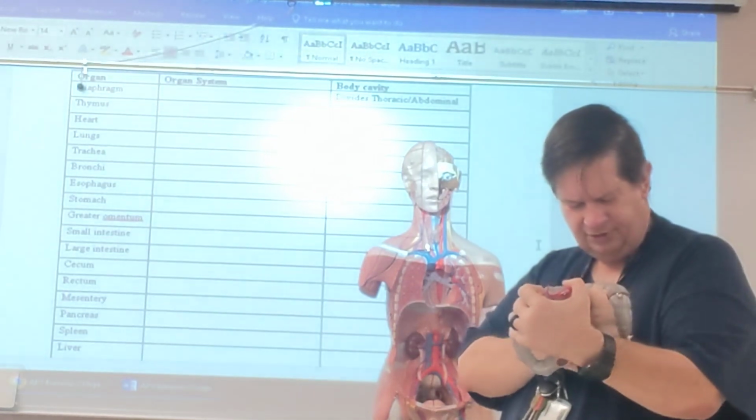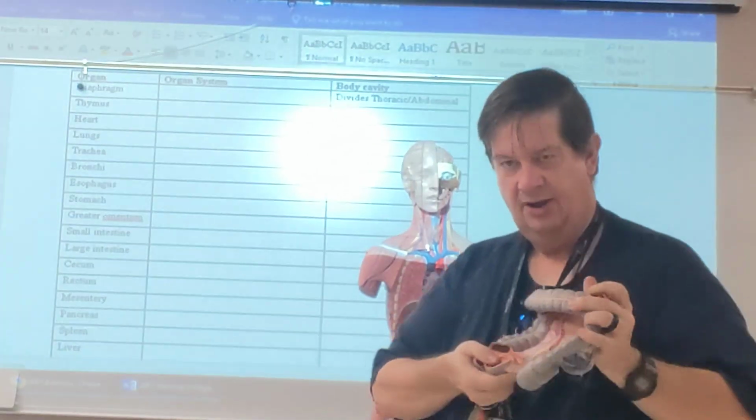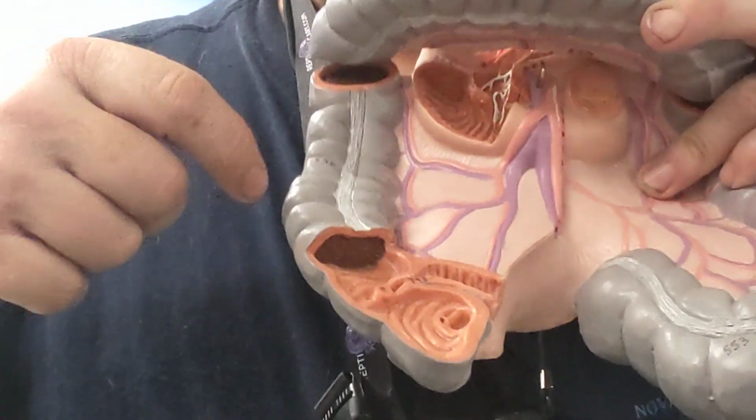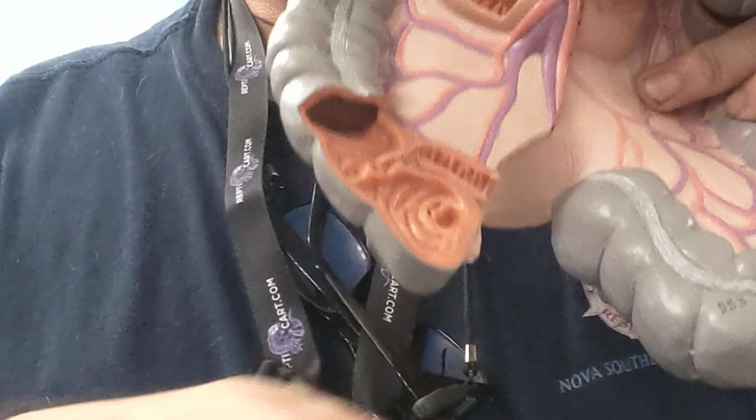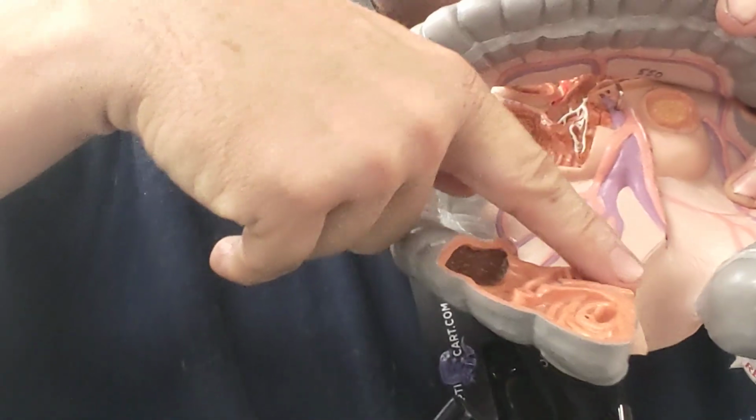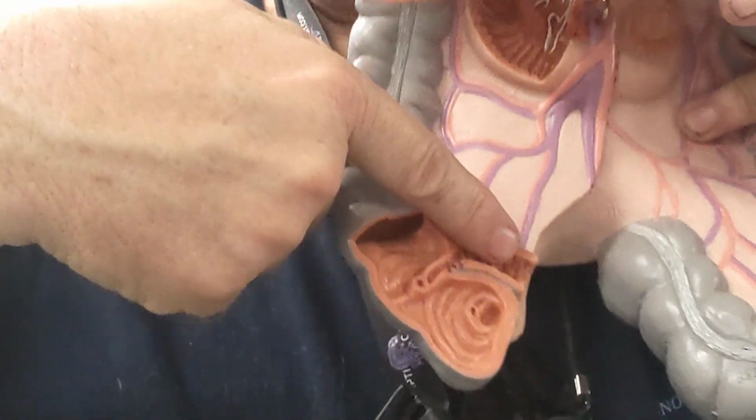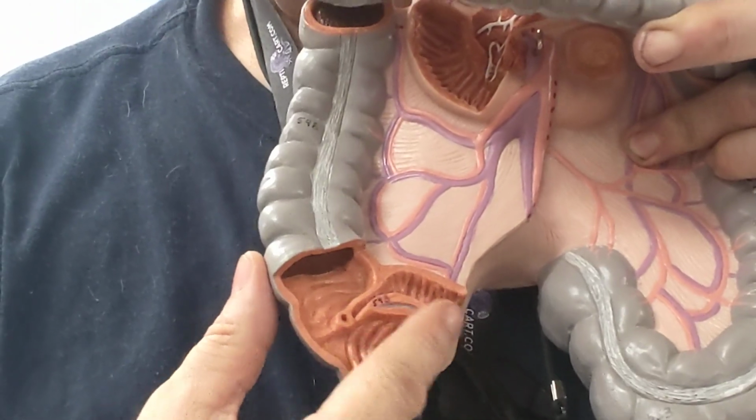And I'm going to open this so you can see close. Here, I just took the little window off the front. This is the ileum right here, okay? This is ileum.